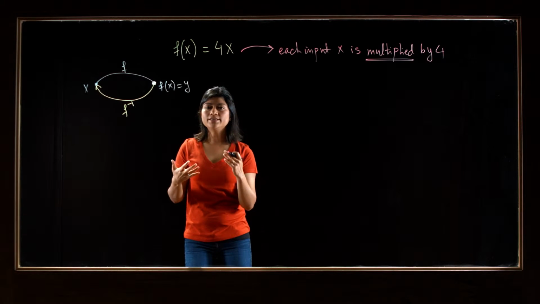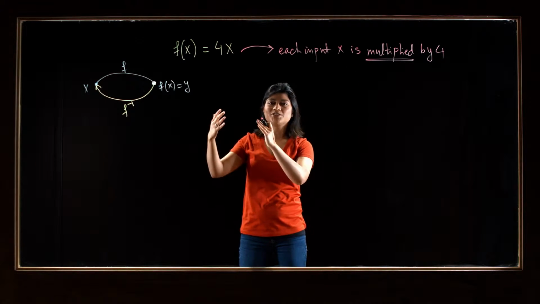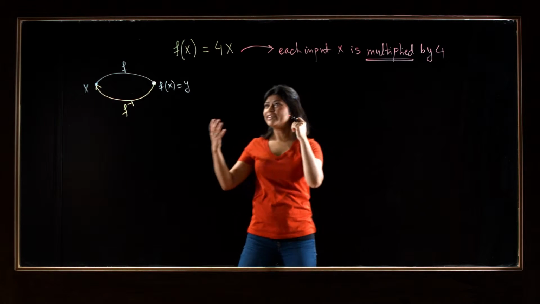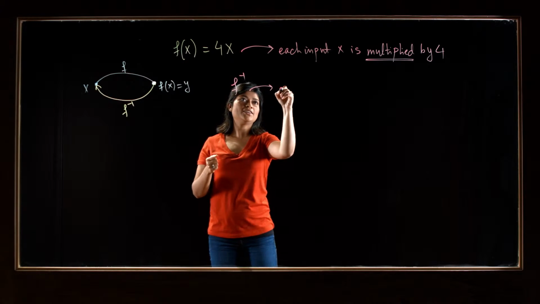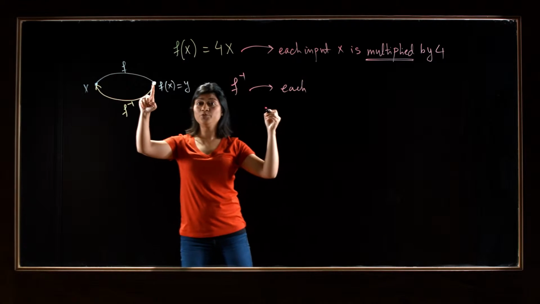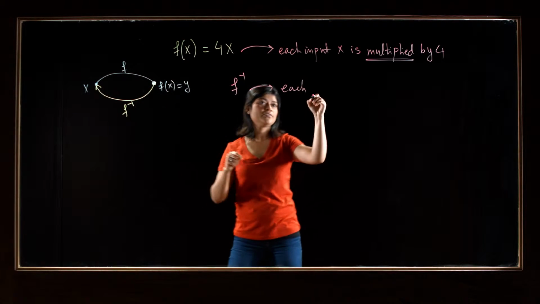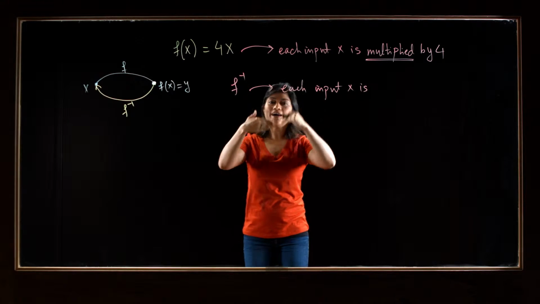So what do you think the inverse will do? It will do the reverse operation, and the reverse operation of multiplication is division. So f inverse should take each input, and the input of f inverse is the output of f, so it takes something here and divides it by 4.